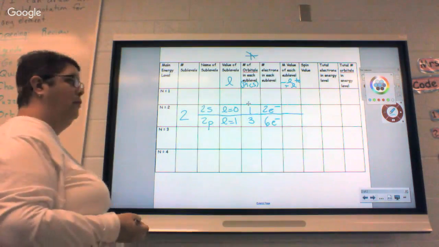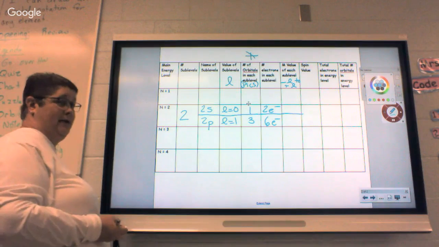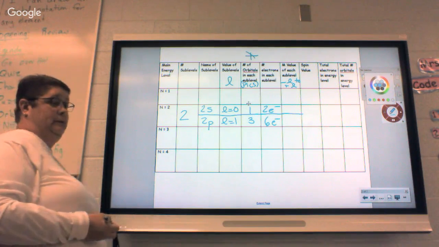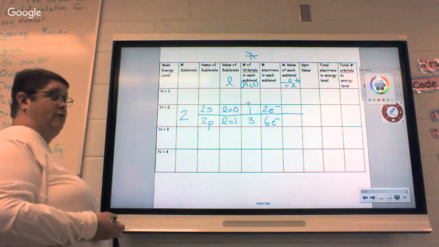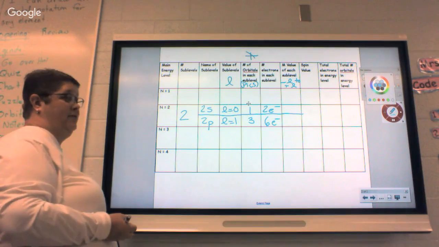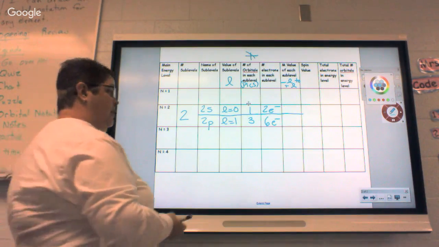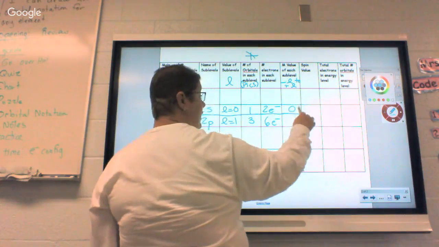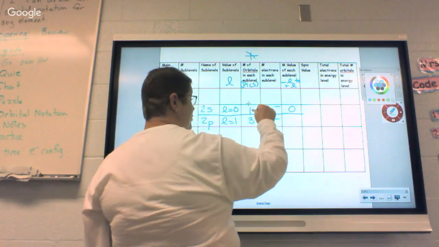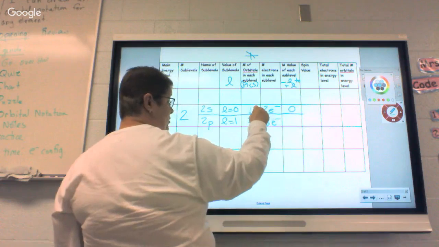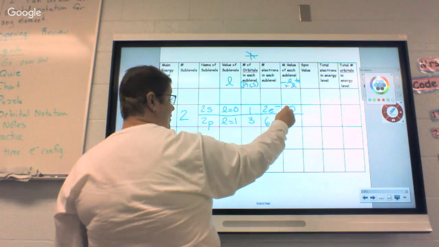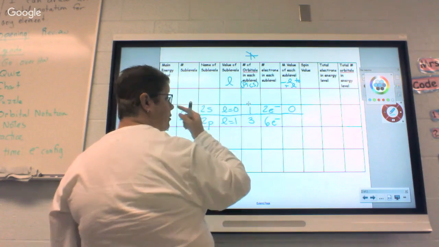Now, the m value is minus l to positive l. So, what's the l value for s? 0. So minus 0 to positive 0 would be what? 0. Well, we only need one number because we only have how many different pictures? 1. That one number is for that one picture.